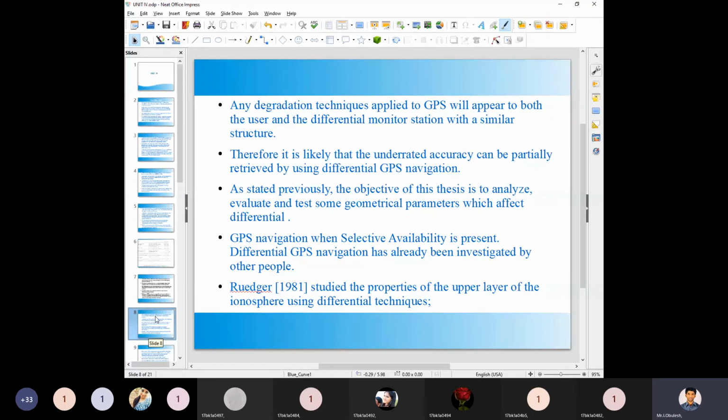Differential GPS navigation, when selective availability is present, has already been investigated by other people.